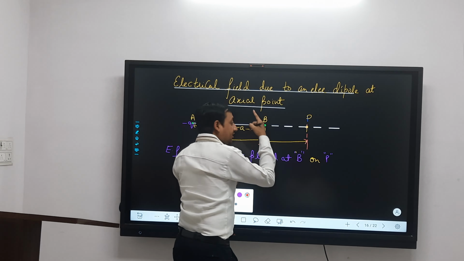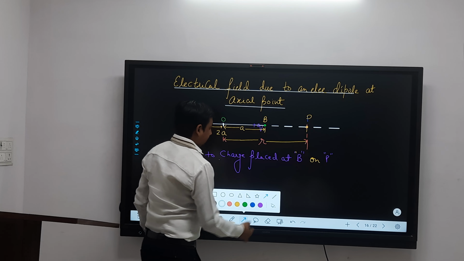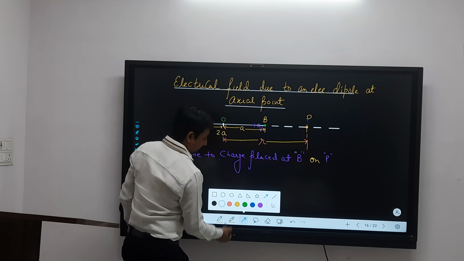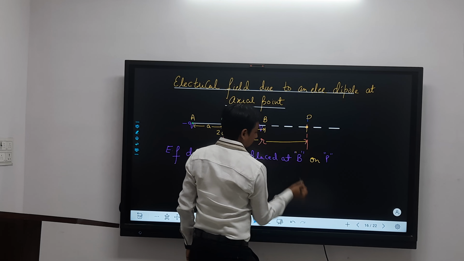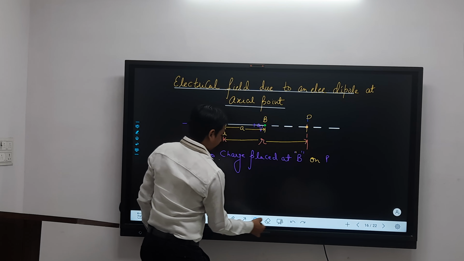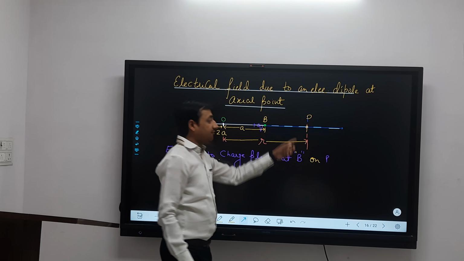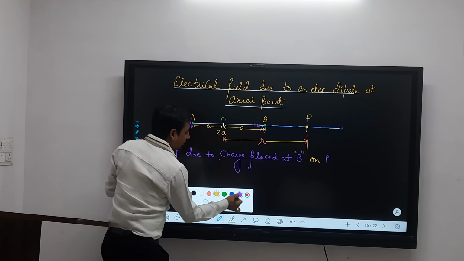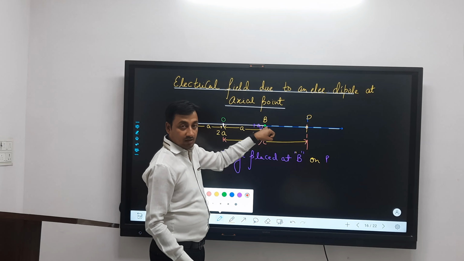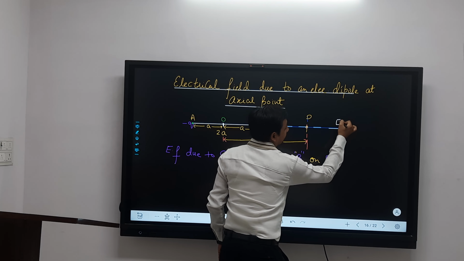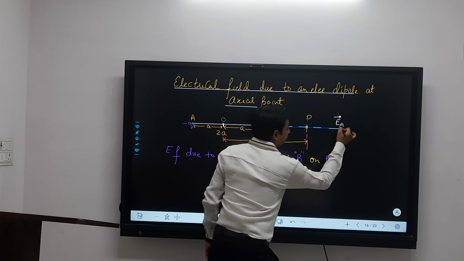So there is repulsion, and the direction is away from point B, along the line away from P. Let's assume this electrical field has some value E.